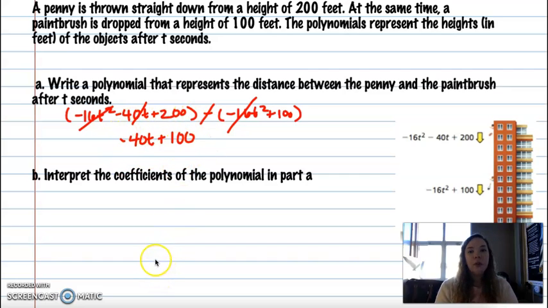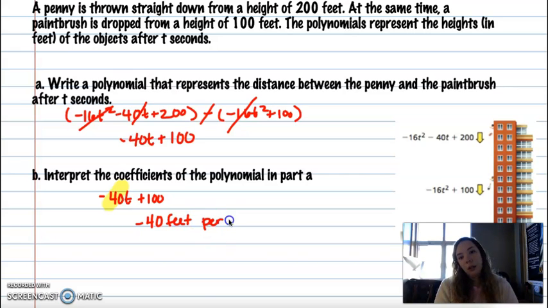It says interpret the coefficients of the polynomial in part A. So here we have -40t. And it says coefficients, so I think that just means this -40 because 100 is a constant. But -40, t stands for seconds, so you're going down 40 feet per second.